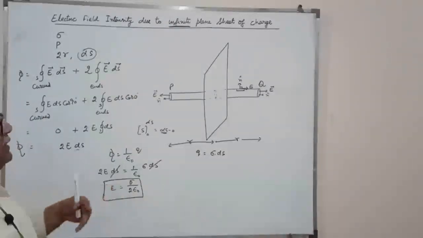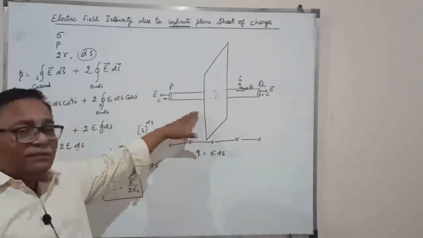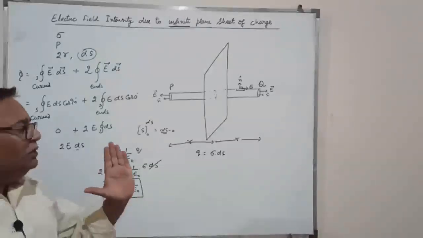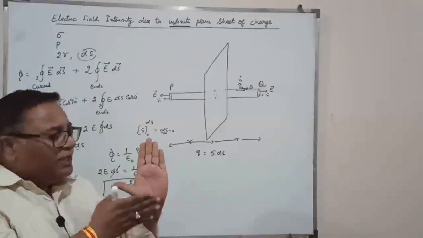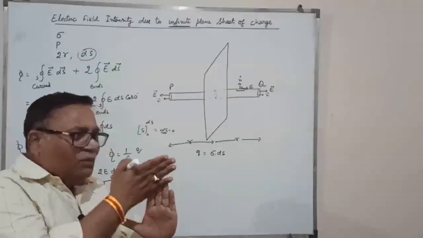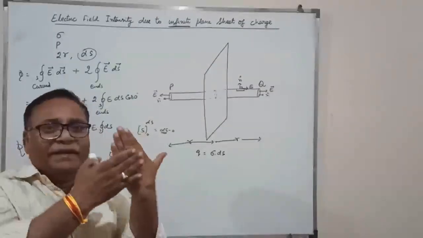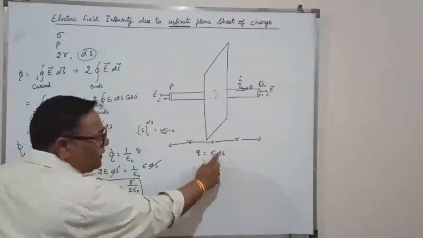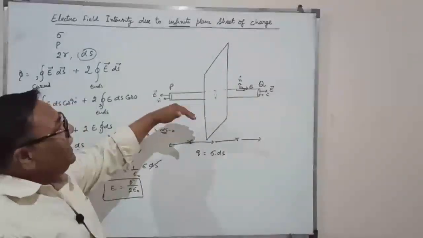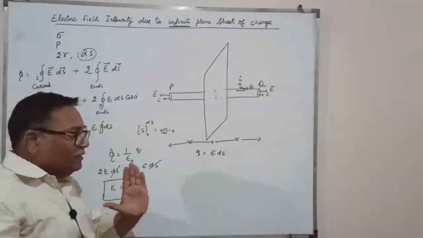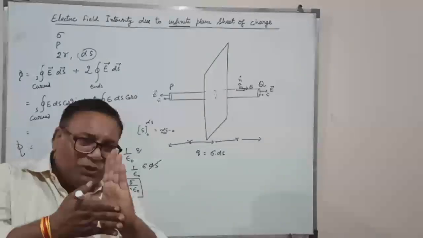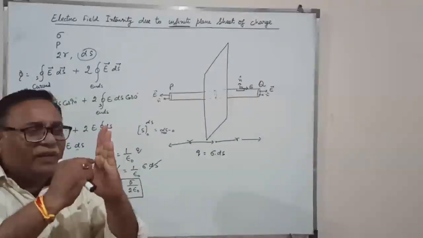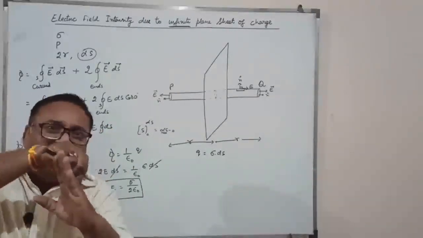And one other thing, this plate is an insulating plate. So if we give it charge Q, it spreads on one surface only, not this side. Therefore, charge enclosed is sigma into ds. If this plate is a conducting plate, then charge is uniformly distributed on this side and this side. Then the total area enclosed by the Gaussian surface is ds this side and ds this side.